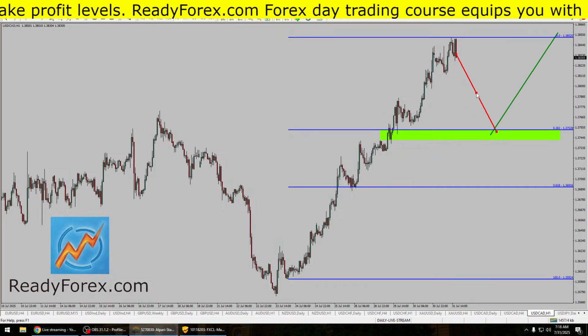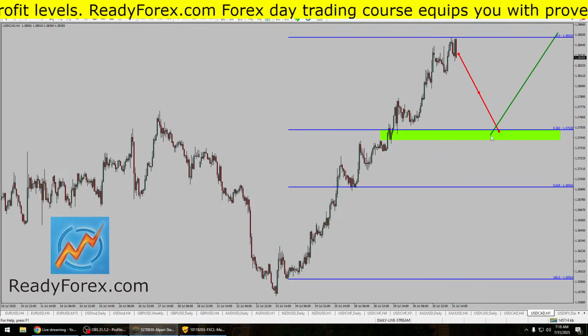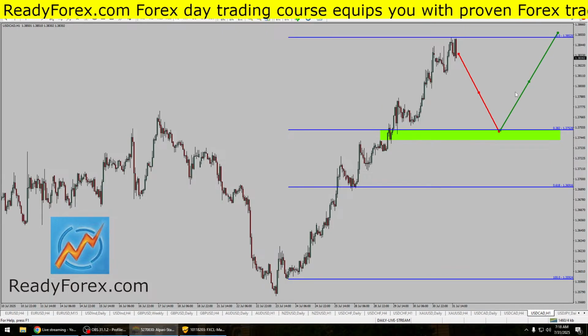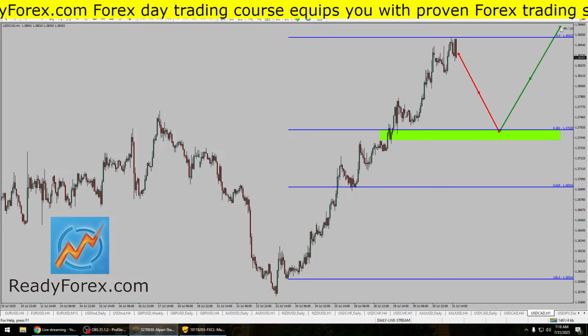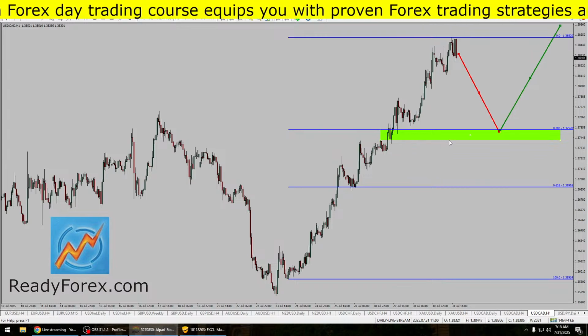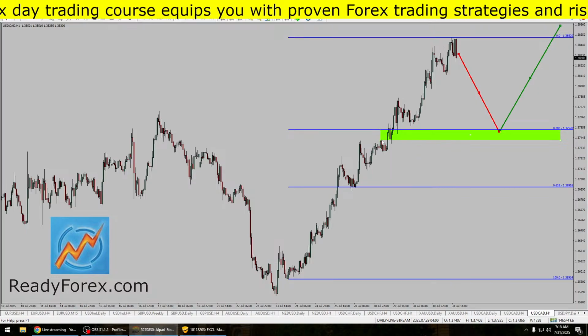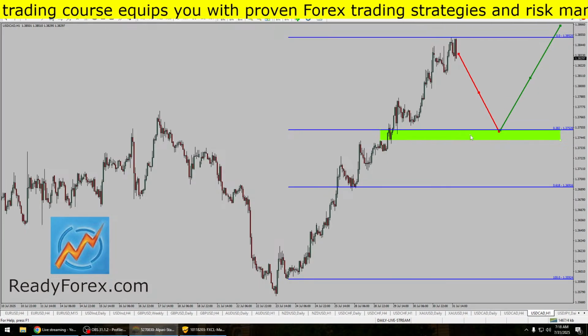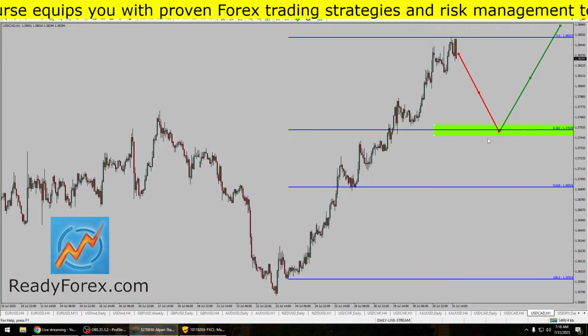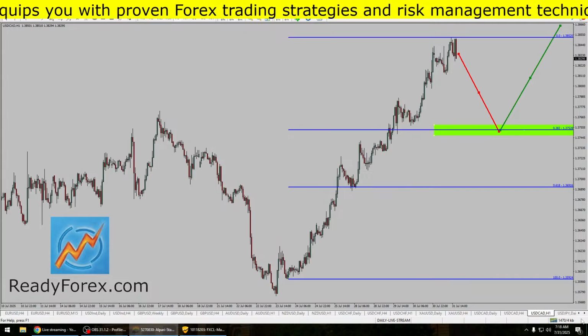Anyways, the thing is, I'm looking for a drop in price action of the USD CAD currency pair at or around the 0.2 level. Okay, let me draw a rectangle. So this is the area, the spot.